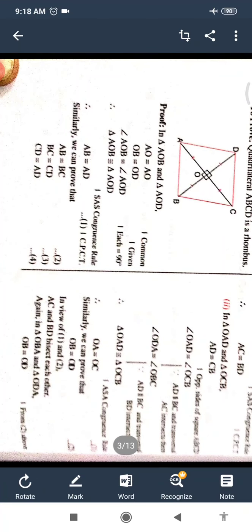Same thing, if you take DOC and BOC, you will prove DC equal to CB. Similarly we can prove that AB equal to BC, BC equal to CD, and CD equal to AD, by CPCT, corresponding parts of congruent triangles.